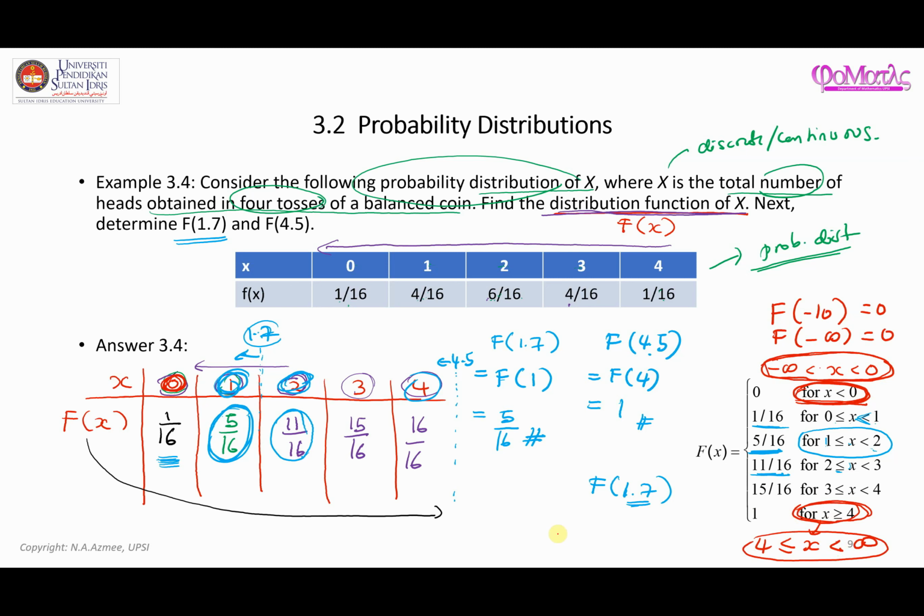So if I ask you what is the cumulative probability for 4.5, then the answer is straightforward, equal to 1, because x here is already greater than 4. If F(100), it is also equal to 1. If F(infinity), then it is also equal to 1. Okay, right.